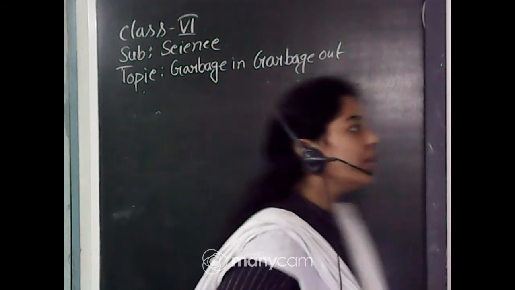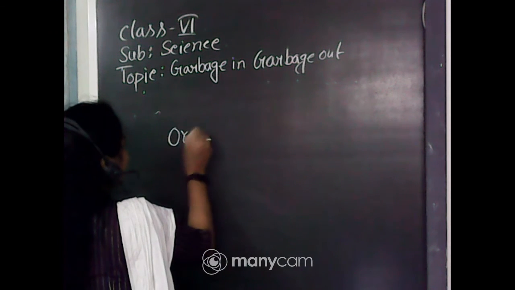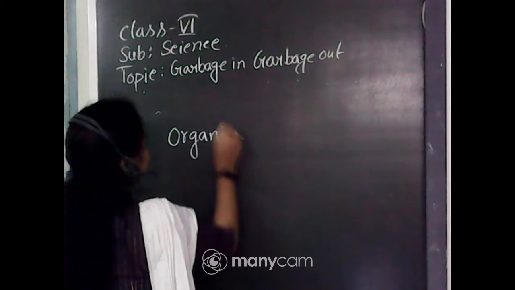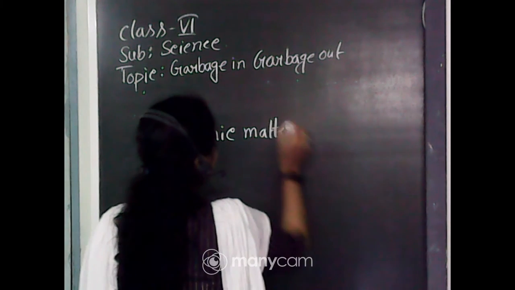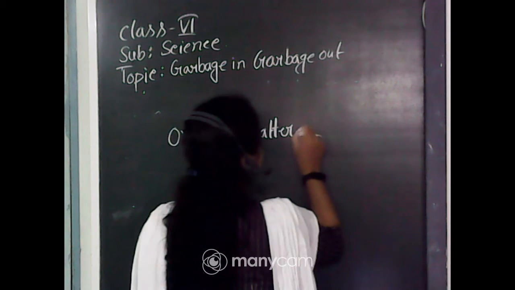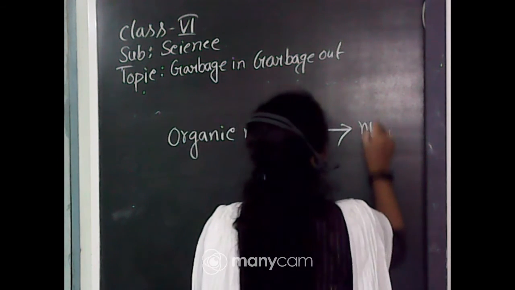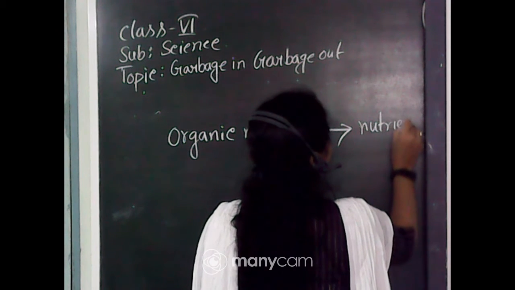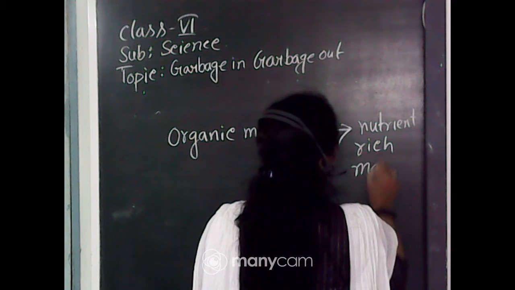Okay, so in vermicomposting, what is happening? The organic matter present in the biodegradable things is converted into nutrient rich manure.